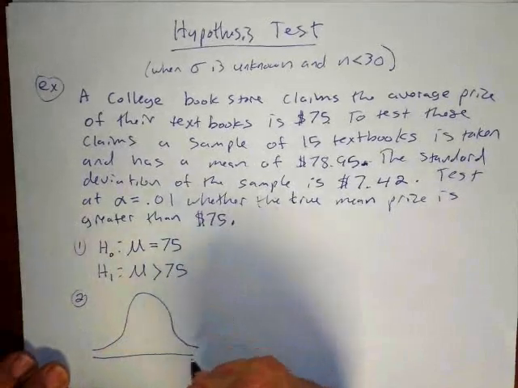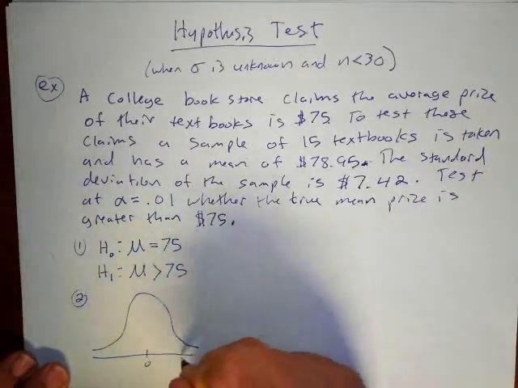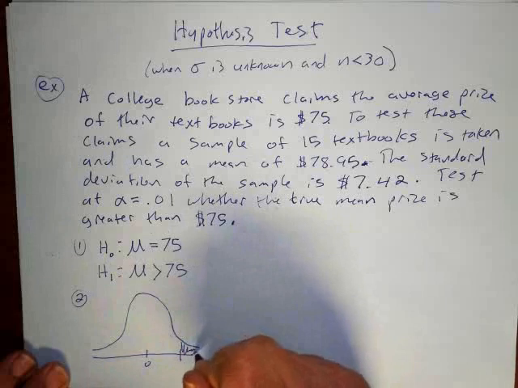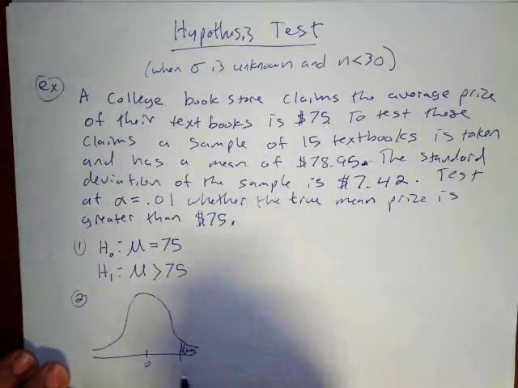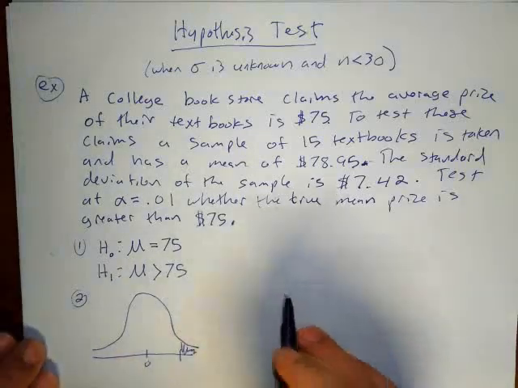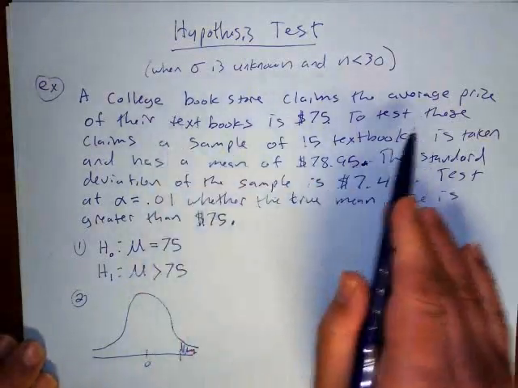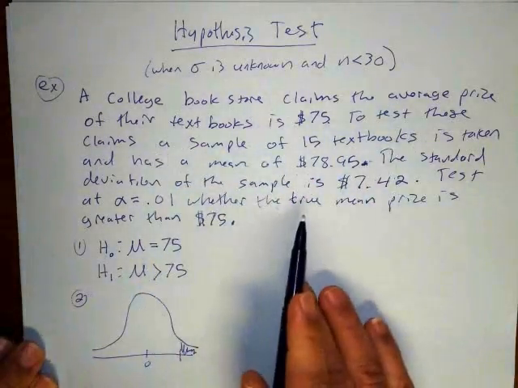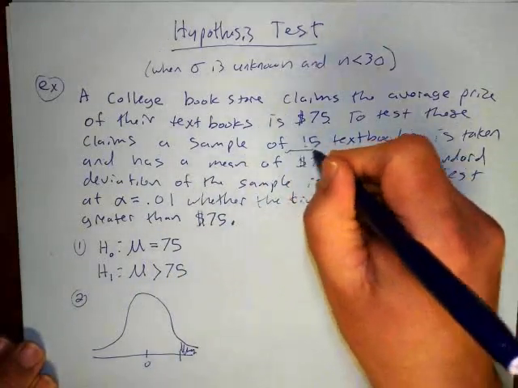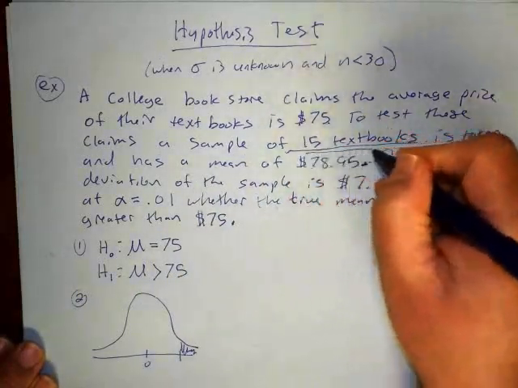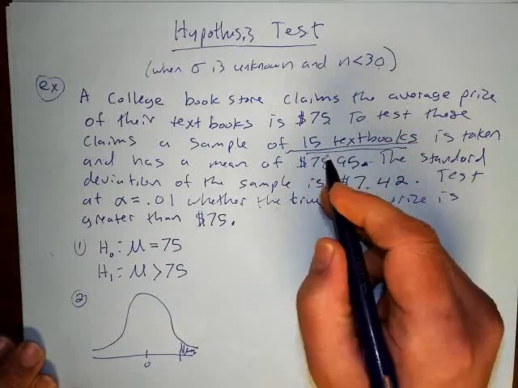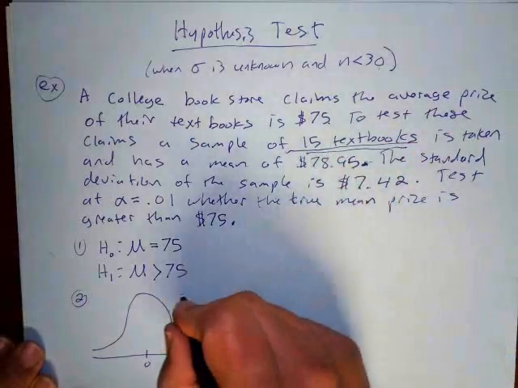So I'm going to draw my rejection region, and this is going to be my critical value here. Now what changes here? The only thing different between this test and a normal hypothesis test is that the sample is less than 30. In this case there are only 15 books in the sample.